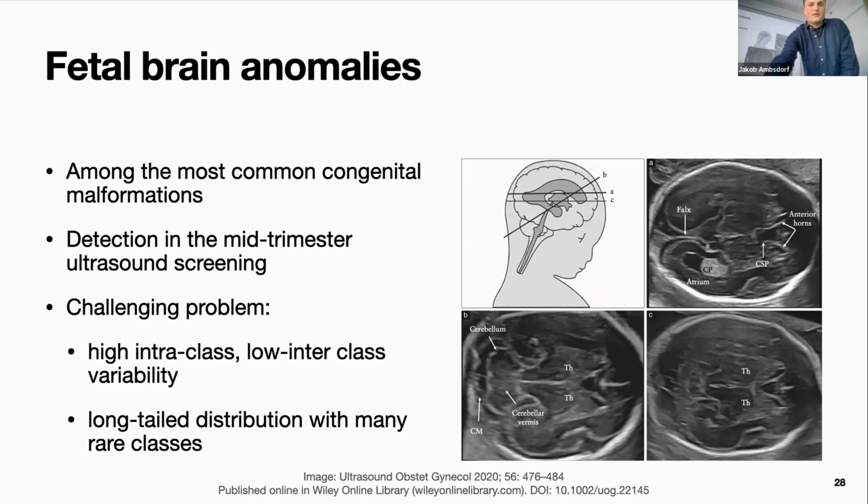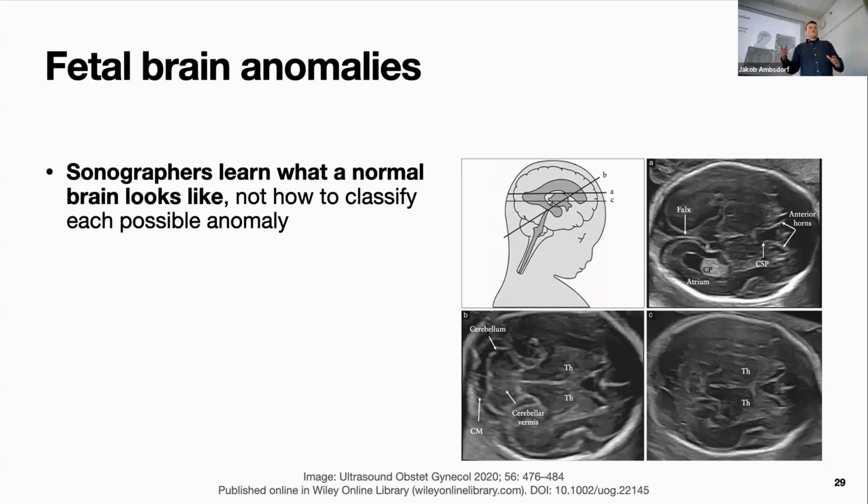And the motivation that we got from clinicians and from talking to sonographers who are doing these scans is that they're not actually working like a computer vision classifier that has learned every class. They have learned what the normal healthy brain looks like, and then they detect if something looks off, basically. So this is more like an unsupervised learning approach.